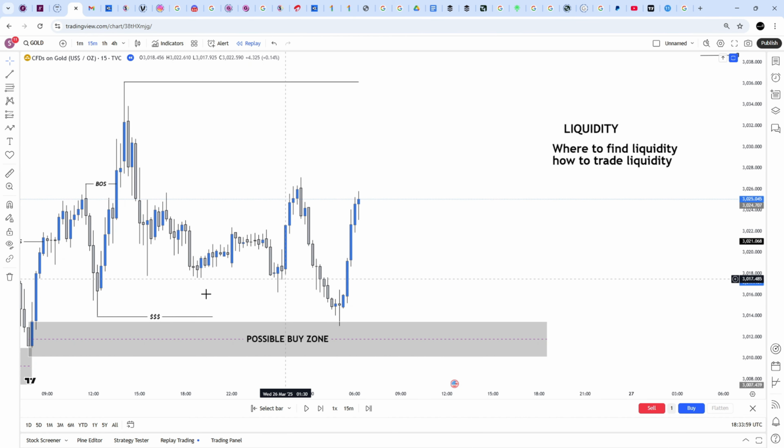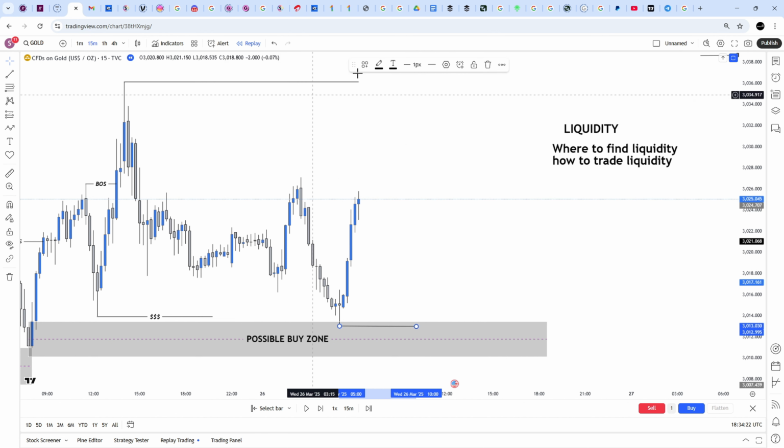We can see that this first liquidity was swept out by this wick. I think you can see this. So when the market swept out this liquidity, that doesn't mean that the market has really taken all the liquidity that has been left. No, we are still having more liquidity that is not yet swept out. You may ask, which liquidity is not yet swept out?